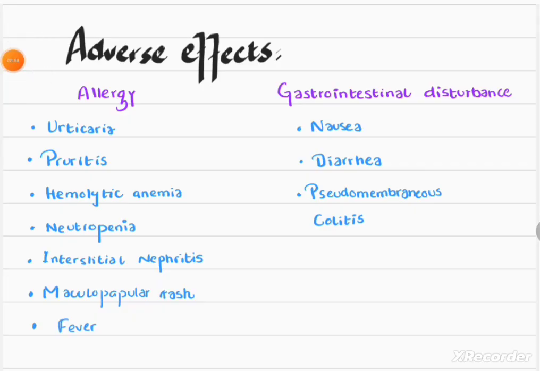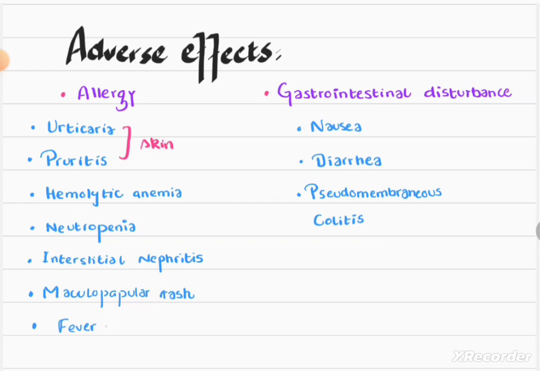Now, in adverse effects, penicillins cause two kinds of adverse effects. They might cause allergic reactions, or they may cause gastrointestinal disturbances. Allergic reactions include urticaria and severe pruritus, which is a skin manifestation of all the penicillins.